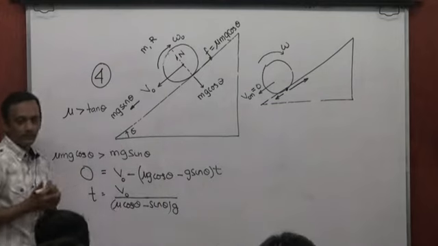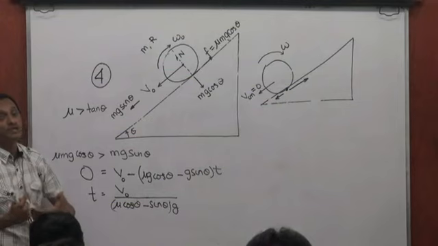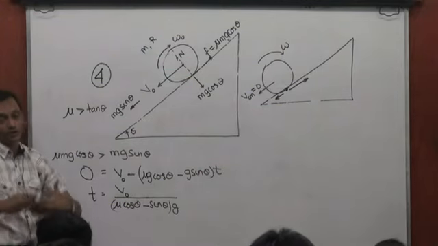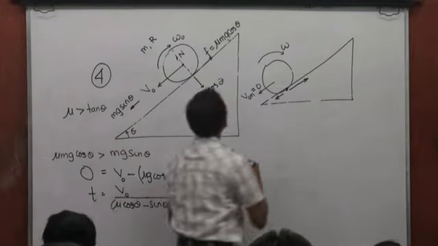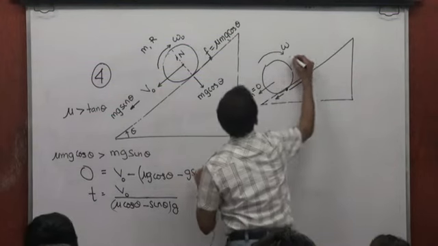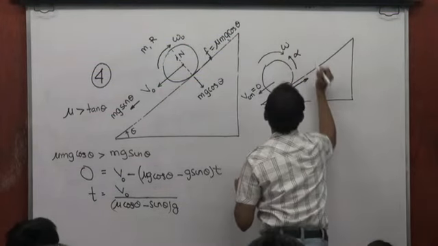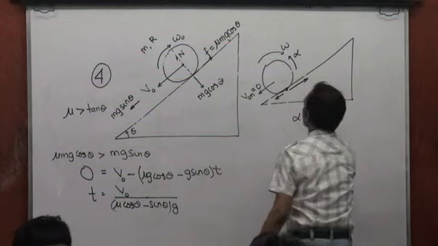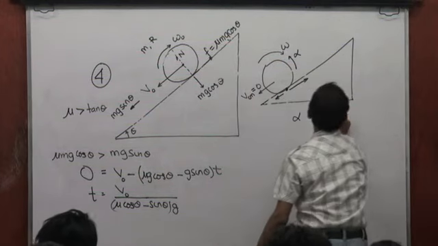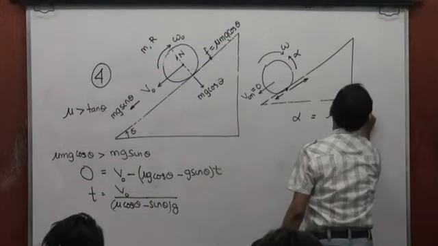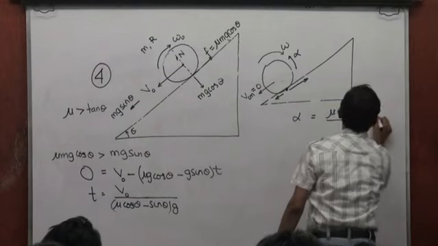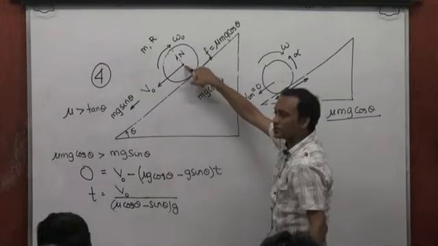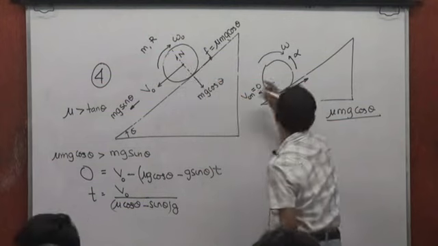Now, in this time t, what happens to omega? Omega should be greater than 0. So first we want to find alpha, the angular retardation. That's going to be the torque about the center of mass, which is mu mg cos theta into r, divided by I of the sphere about the center of mass, which is 2/5 mr squared.